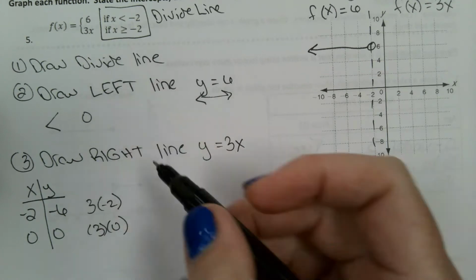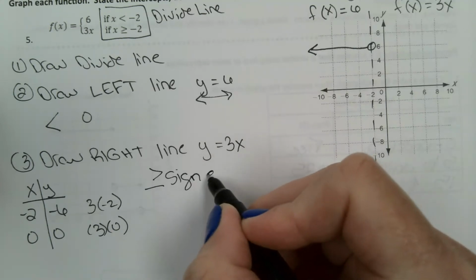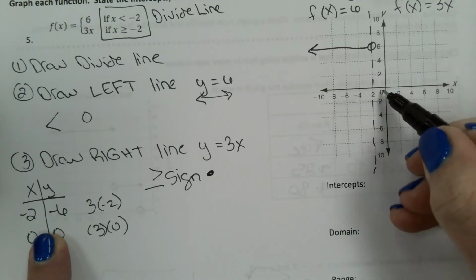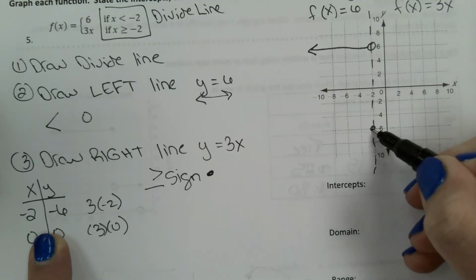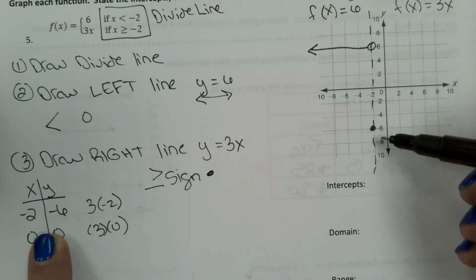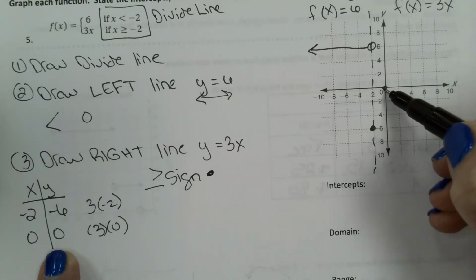Right here, I have a greater than or equal to sign, so that tells me that I'm going to use a closed circle. So I'm going to plot this point, negative 2, negative 6. So I'll always have what kind of looks to you like 2 points on the line, and then my next point here is at 0, 0.